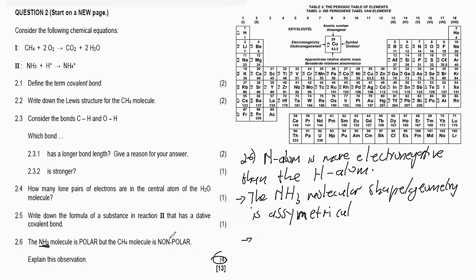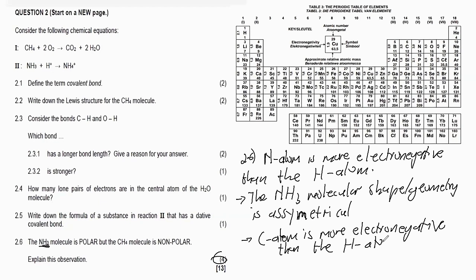And then now we go to CH4. We say the carbon atom, again, is more electronegative than the H atom. So how do I know that this one is more electronegative than that one? I'm only focusing on the numbers here.